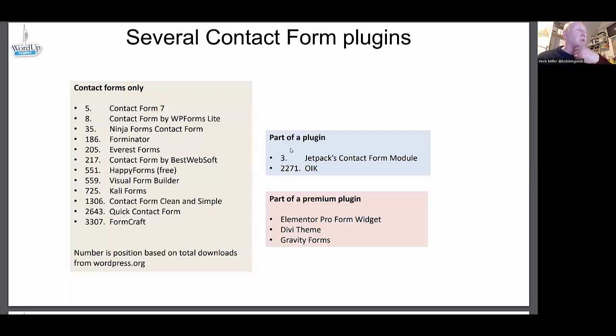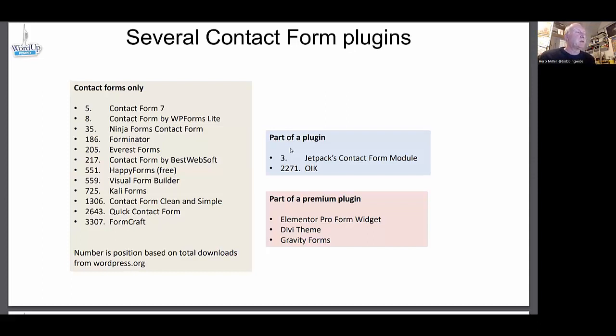There are quite a few contact forms available from WordPress.org, and the number on the left is where they are in position of the total downloads ever of the plugin from WordPress.org. And we can see Contact Form 7, which is the one that most people have tried or said they use, is top of the list as the 5th most downloaded plugin of 200 million or so.